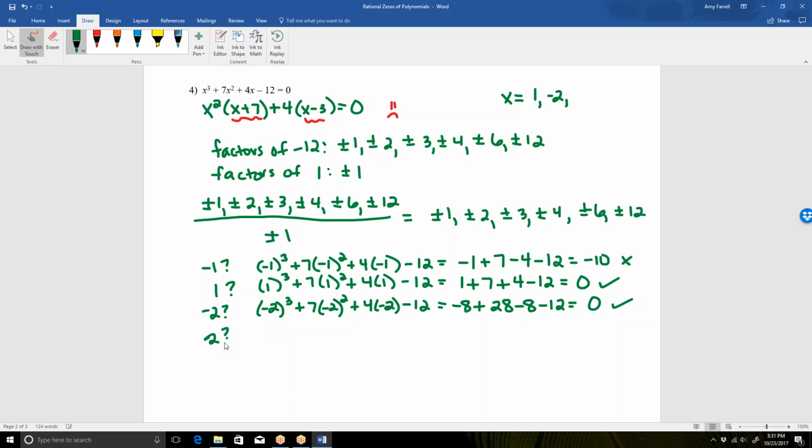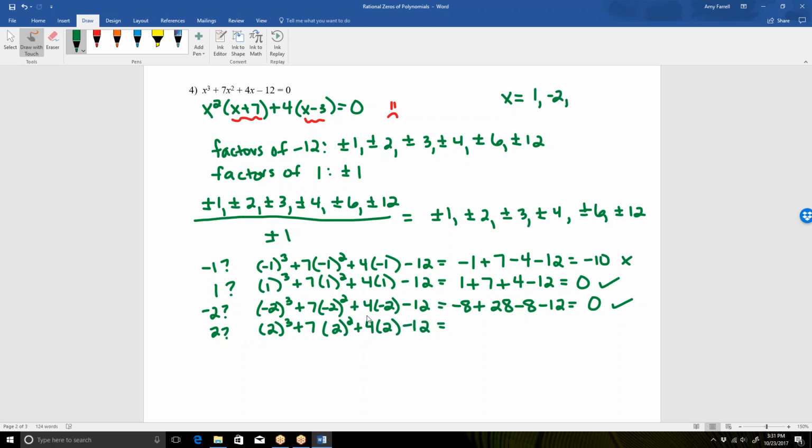Okay, we'll test 2 now. Sorry, that's a positive 2. All right, we'll test positive 2 now. So 2 to the third plus 7 times 2 squared plus 4 times 2 minus 12.